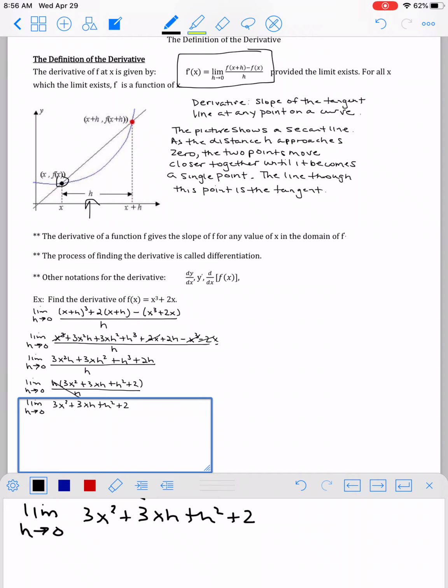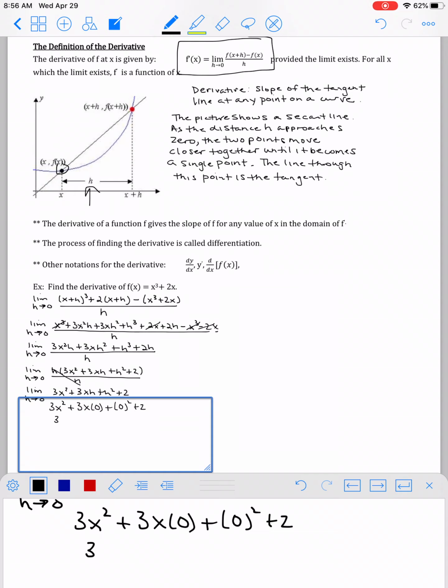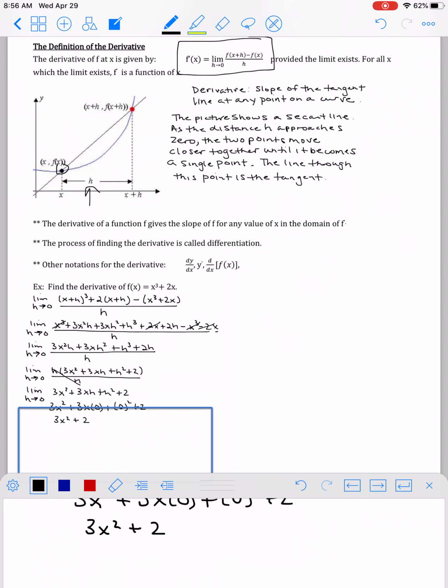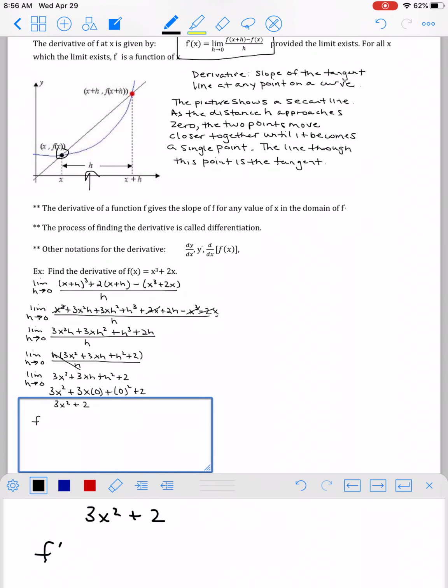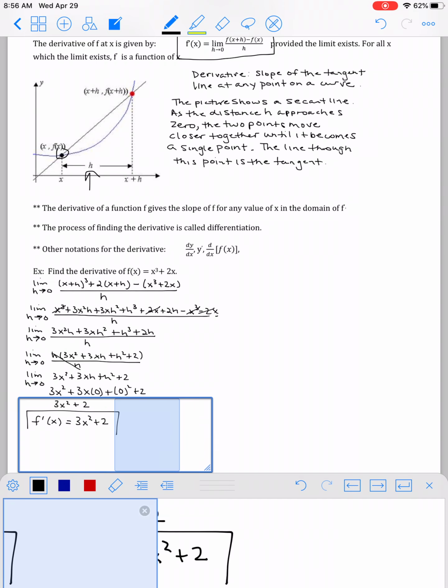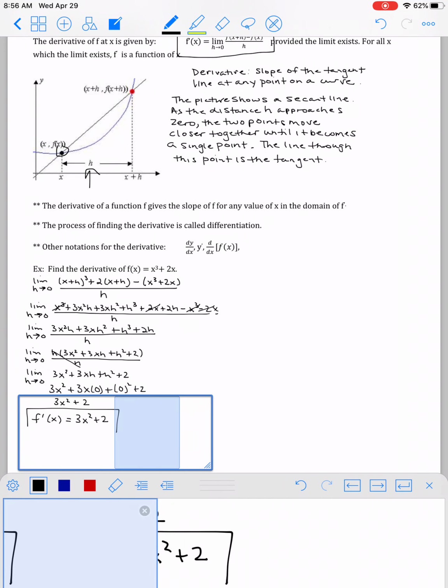Now I plug in the 0, so 3x times 0, 0 squared, plus 2, and we end up with 3x squared plus 2, and that is our derivative. So we then would write f prime of x equals 3x squared plus 2. So there's our derivative. So a couple notes to self.